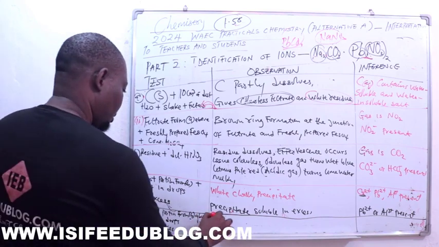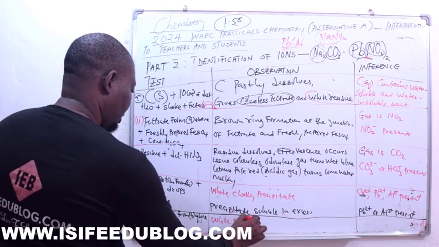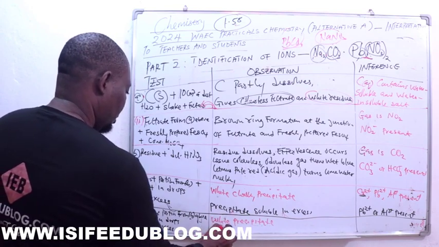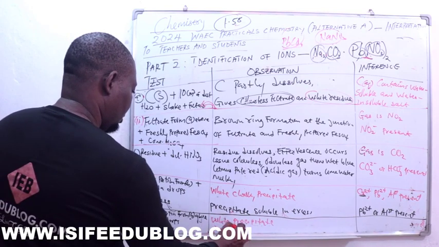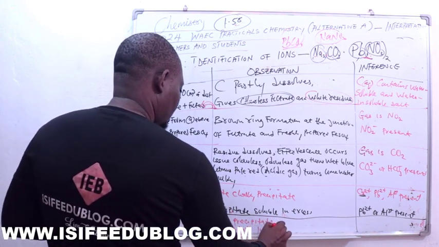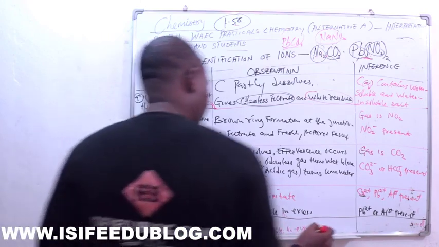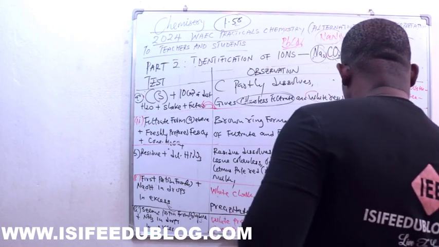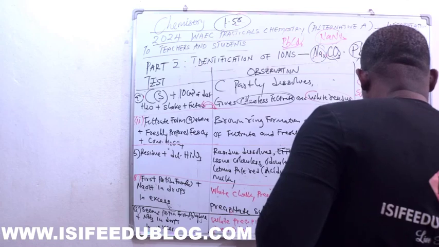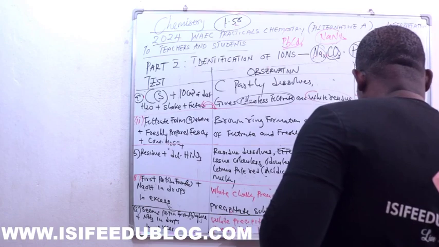Also a white chalky precipitate, which is insoluble in excess. So we will have Pb2+ or Al3+ present.